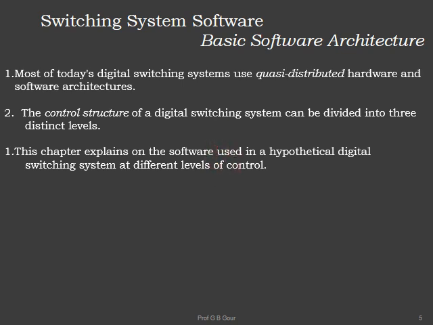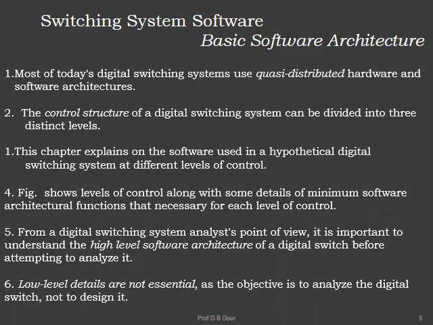Next, after the quasi-distributed hardware, if you look at the software here, we are discussing this software on a theoretical basis. Here it is written, it will explain the software used in a hypothetical DSS at different levels of control. Control structure means it mainly contains three different levels.